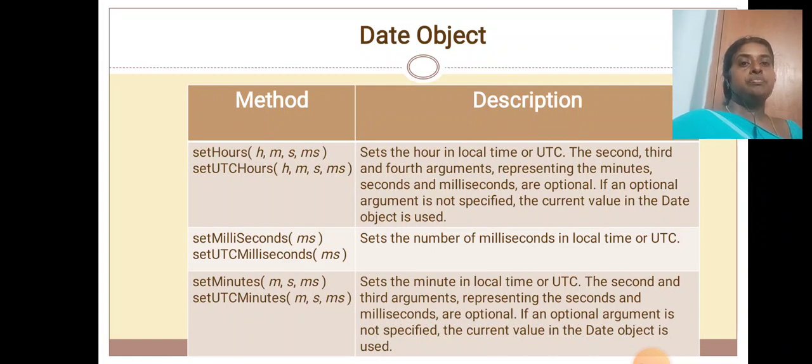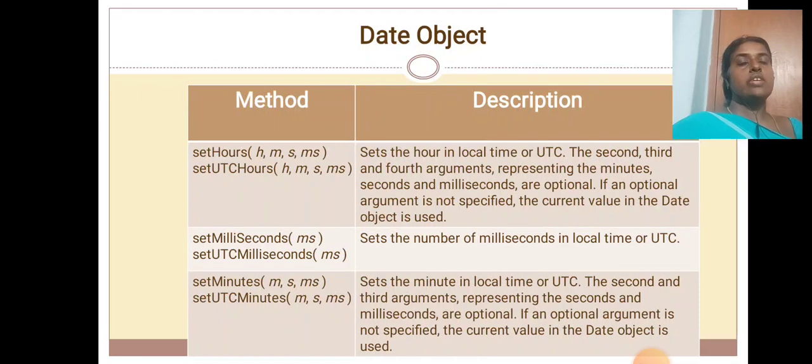So here hour H is a compulsory argument. You should pass the argument H. Minutes, second and milliseconds are optional ones. Second, third and fourth arguments are optional ones. You can pass or either leave it. It is up to our choice.